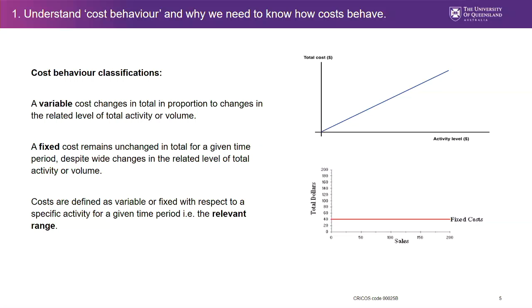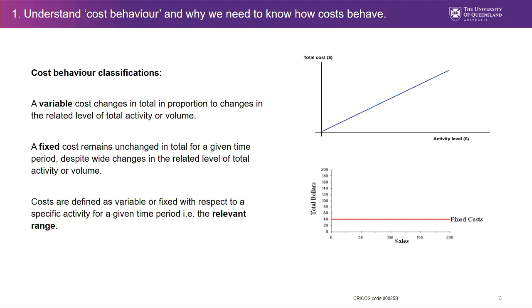So an example of a variable cost might be, we talked about computers or monitors last week, that with every new monitor you make, you obviously have to provide a screen. So as you create more monitors, you have more costs of buying screens to put in those monitors. So in total, your costs increase with each monitor you make.